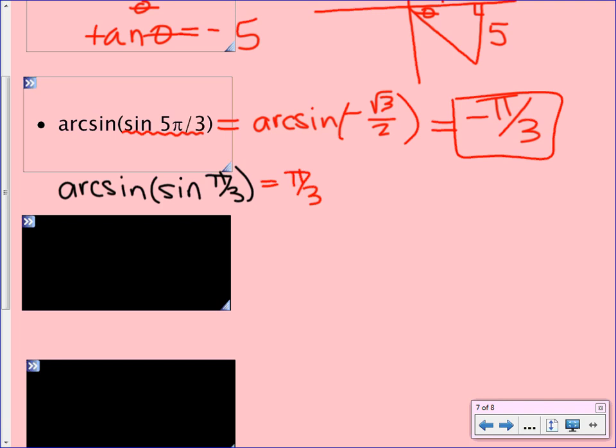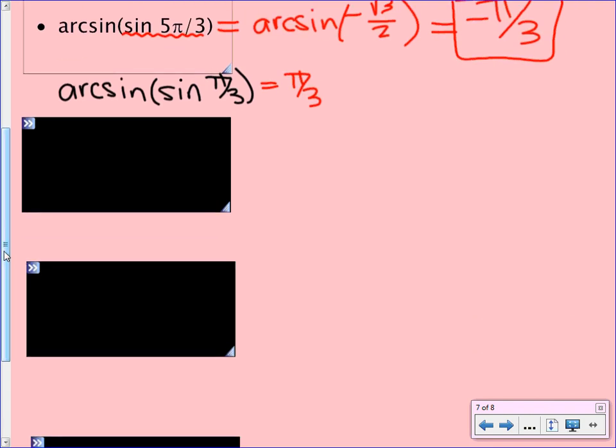The output of arc sine should be an angle. But we're inputting pi over 3 into sine. The sine of pi over 3 is radical 3 over 2. And then that input is okay for arc sine.